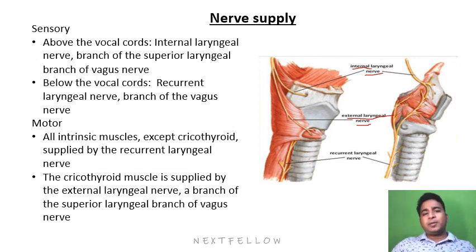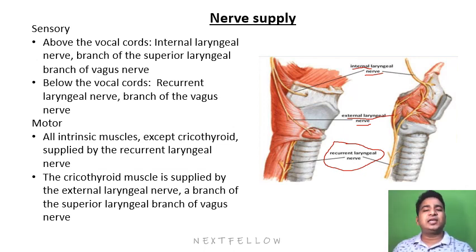So above the level of the vocal cord, the sensory supply is the internal laryngeal nerve, which is a branch of the superior laryngeal nerve, whereas below the level of the vocal cords, the sensory supply is the recurrent laryngeal nerve, which is a direct branch of the vagus nerve. You can see in this diagram the recurrent laryngeal nerve. Now, what is the motor supply? All the intrinsic muscles except cricothyroid.